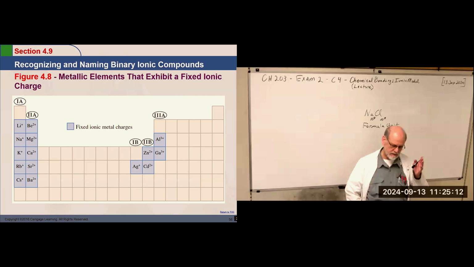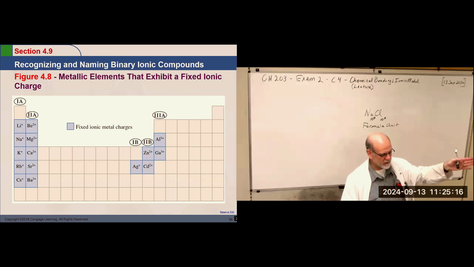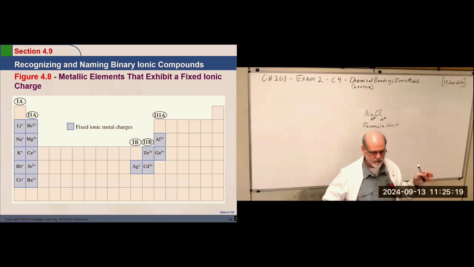I mentioned the alkaline metals, alkaline earths, the boron, aluminum, gallium, indium group. But there are some transition metals that have fixed charges when they're in ionic compounds. The alkaline metals, alkaline earths, and the boron aluminum group definitely have fixed charges. But there are 3 transition metals that also have fixed charges.